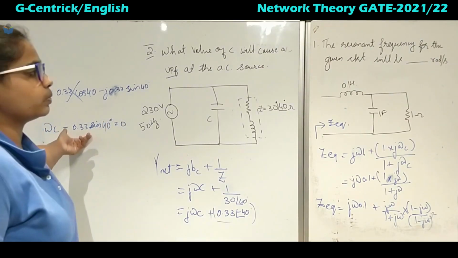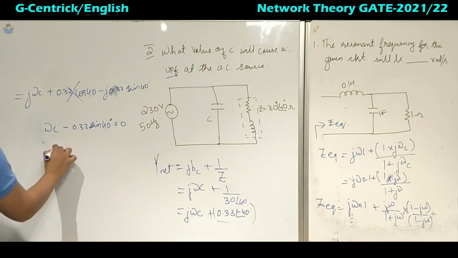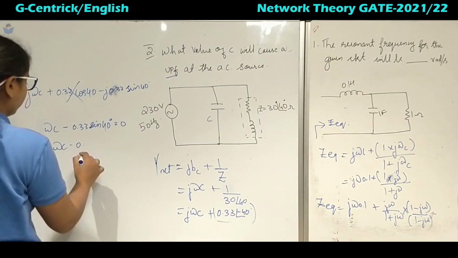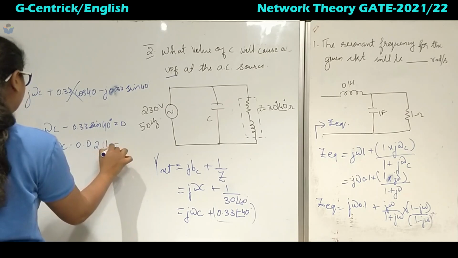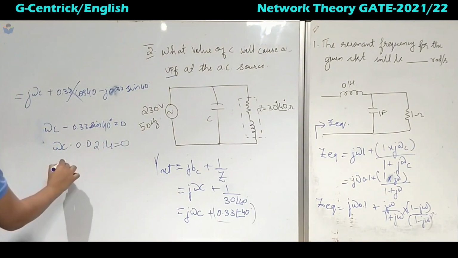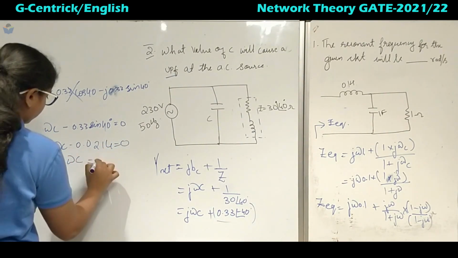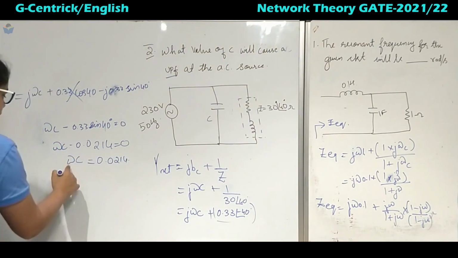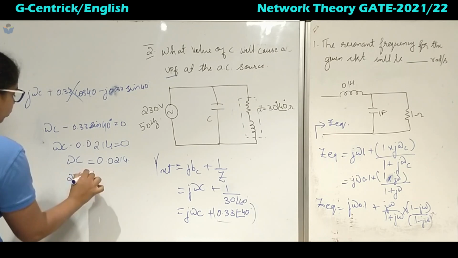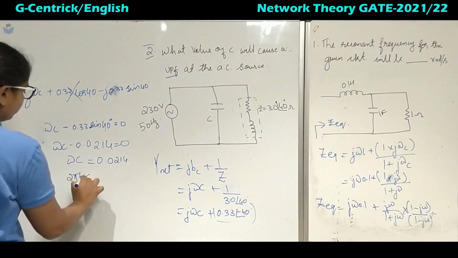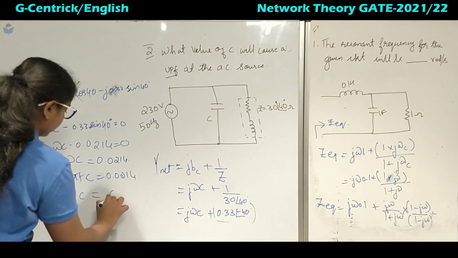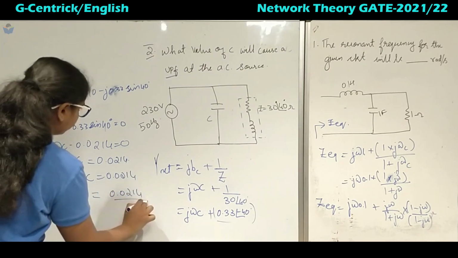When you put it in the calculator, you will get minus 0.0214, which is equal to 0. So omega C is equal to 0.0214. I can write omega as 2 pi f into C equals 0.0214.